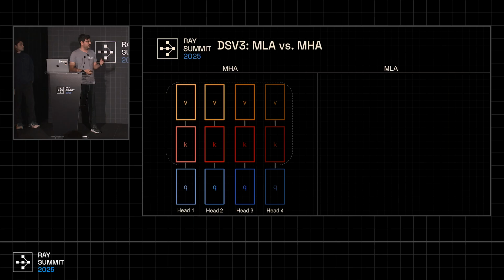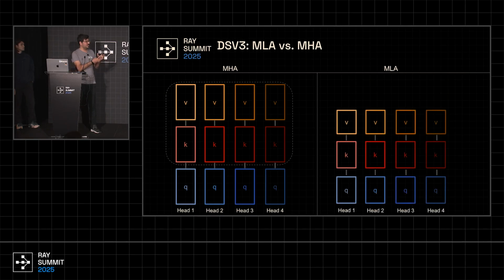In MLA, however, you have essentially the same QKV, but during training, you learn a compressed representation across all the heads. What this unlocks is that during inference, you don't have to store all those bulky KVs. You can only store the latent across all the heads.